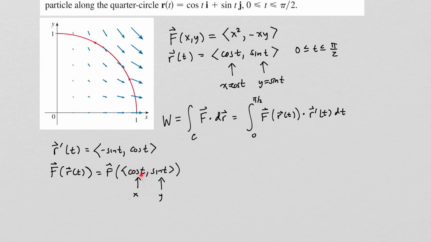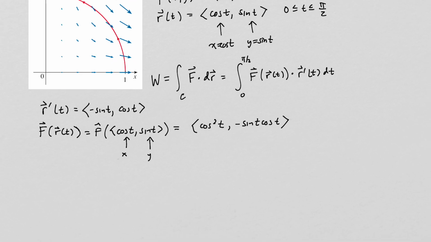So if x is cosine of t, that's going to be cosine squared of t. And then y is negative x times y, but if x is cosine of t and y is sine of t, that's negative cosine t times sine of t, which I'll represent as negative sine of t cosine of t. And so now we just have to take the dot product of this, and then perform the integral.